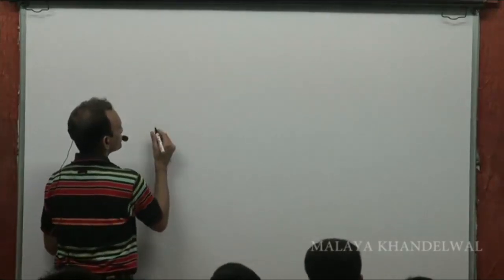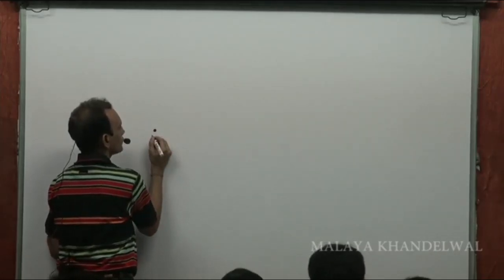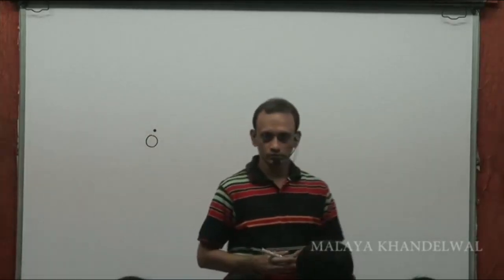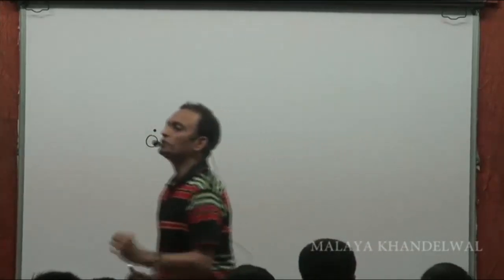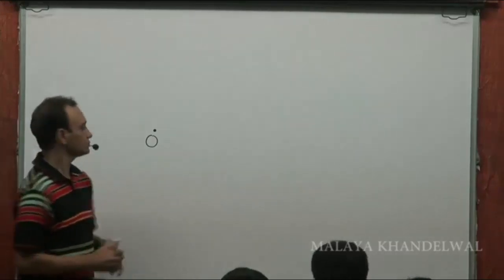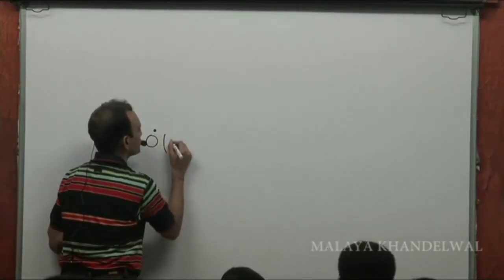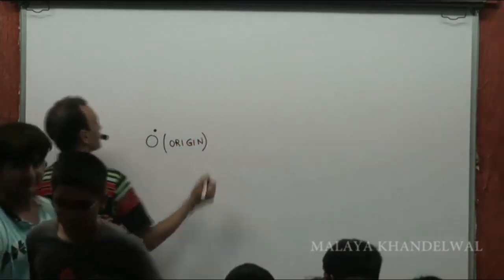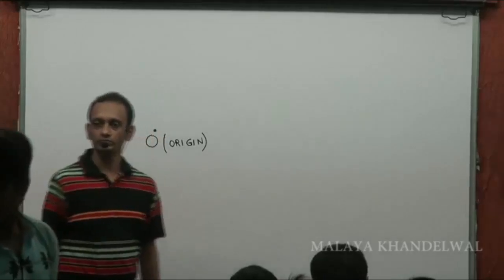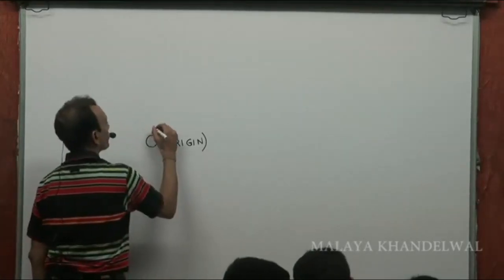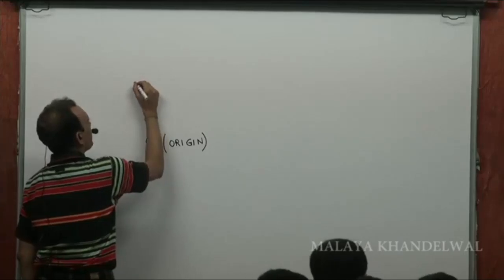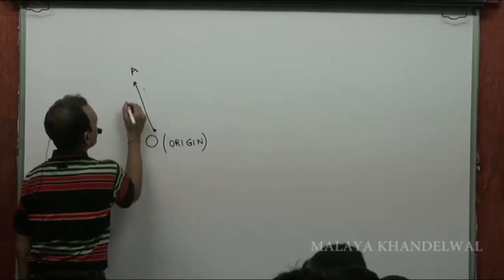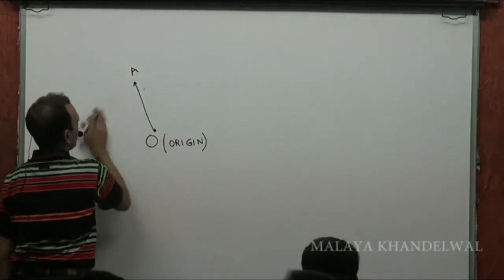Now, if this is the origin O, and I measure positions from this origin O, positions of various particles are measured with respect to this origin. If there is a particle here, particle A, then this measures its position vector RA.